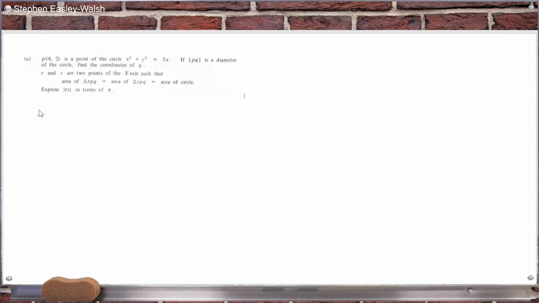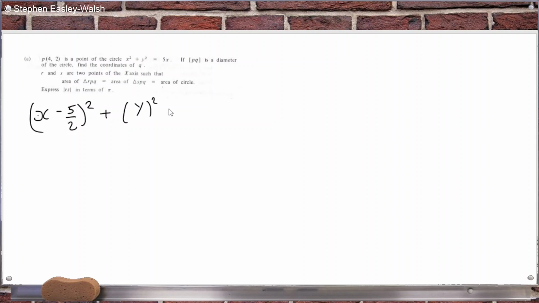Let's complete the square. It's x minus 5/2 squared plus y squared. So that's x squared minus 5x.